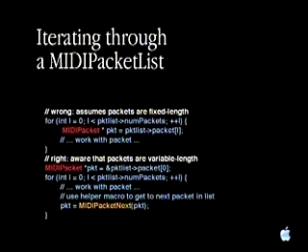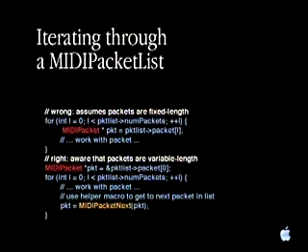Okay, about the variable length nature of these packets. The first half of the slide shows an incorrect example of how to read through a MIDI packet list. And what's incorrect about it is that it's treating that packet member of the structure as a fixed length object.